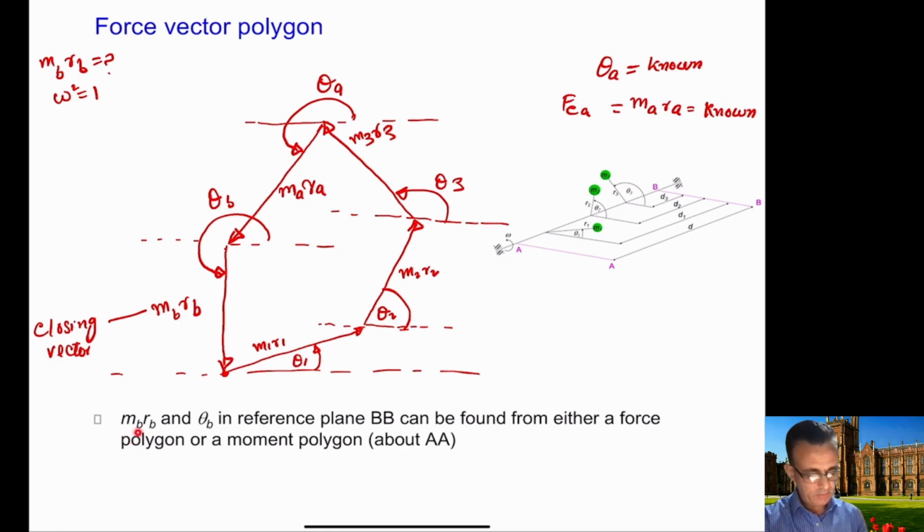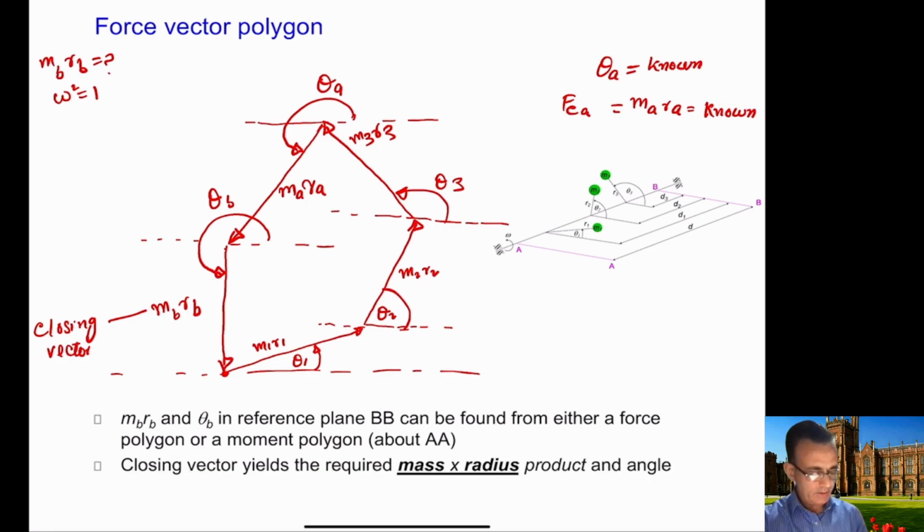So now MBRB and theta b in the reference plane B can be found from either a force polygon or a moment polygon about AA, as we discussed earlier. Similarly, the closing vector yields the required mass times radius product, which is this MBRB, and this angle theta b. And obviously the vectors in this case are drawn for omega square equal to 1.